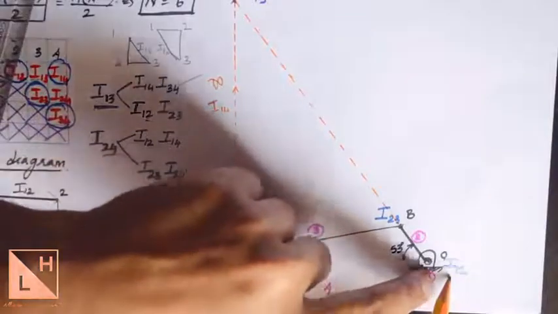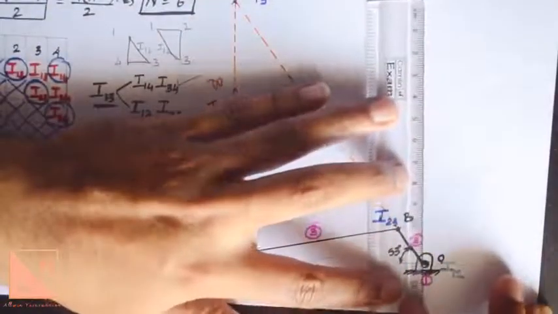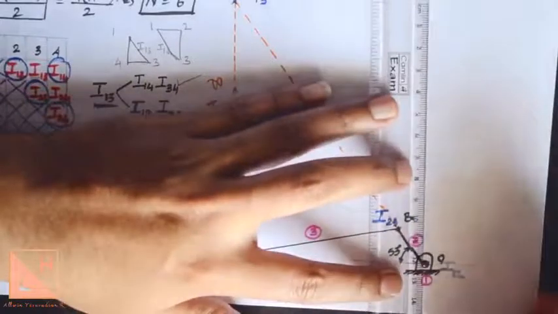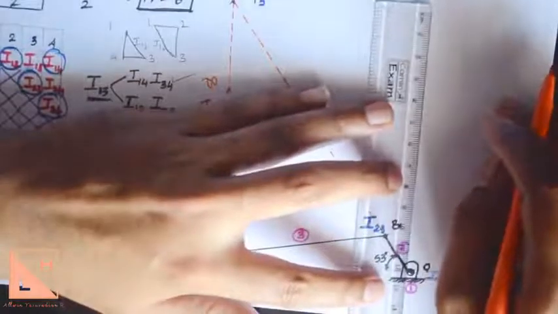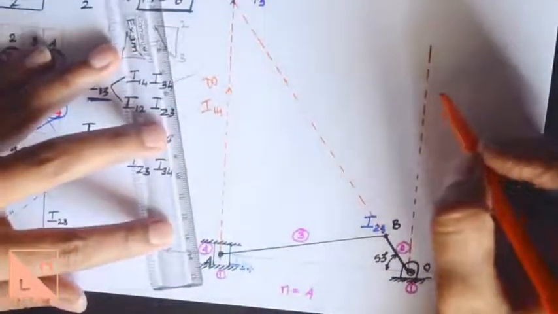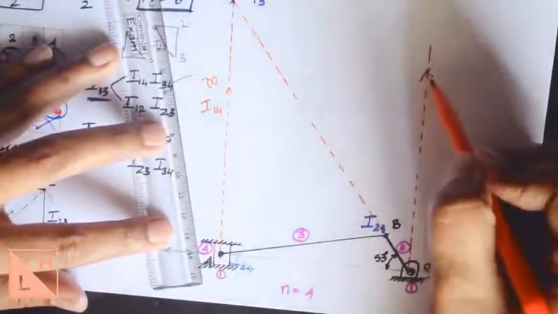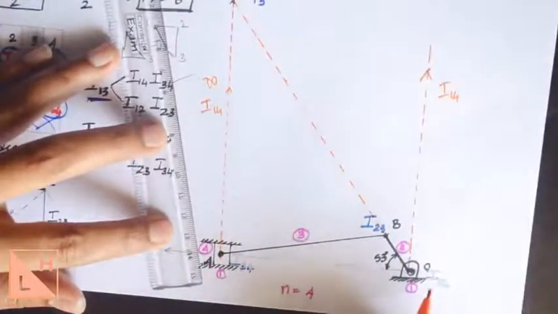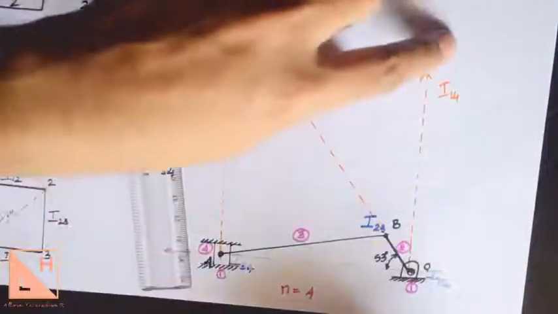Where is I14 found? It is found vertically at infinite distance. So from here, let us draw a vertical line from I12 till it connects to infinity. Somewhere on this line at infinity, you are going to find I14. So this is I12 connected to I14.